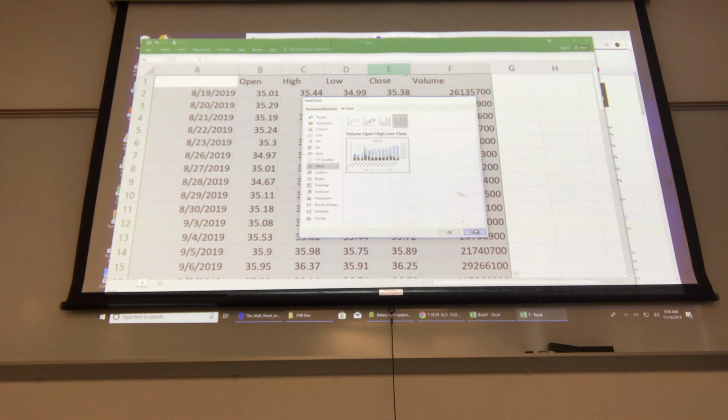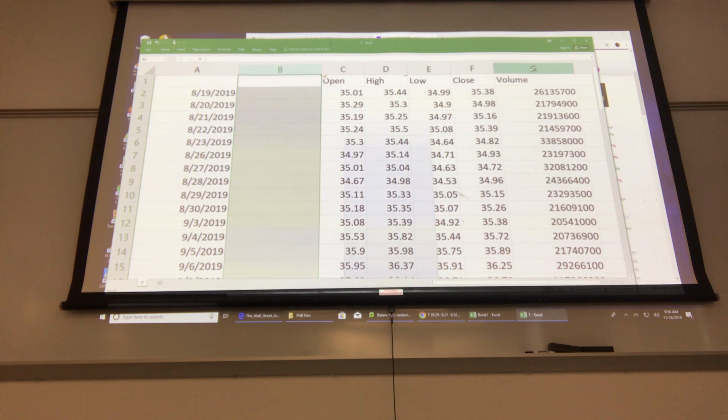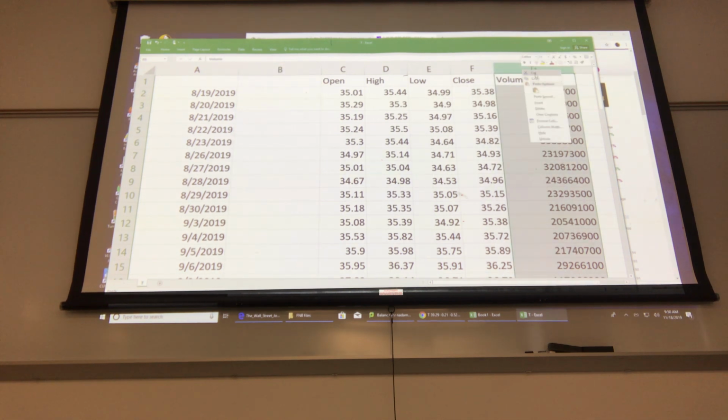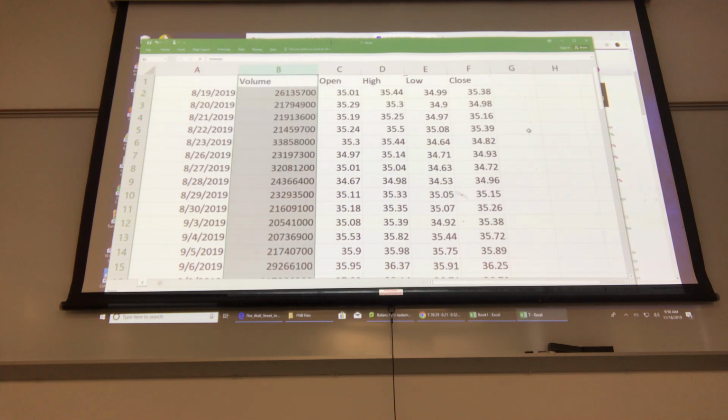So I cancel it, and I need to change the order. I put here my order. I take this thing out from here, and I paste it here. Now I have the order that is required. What do I need to do?